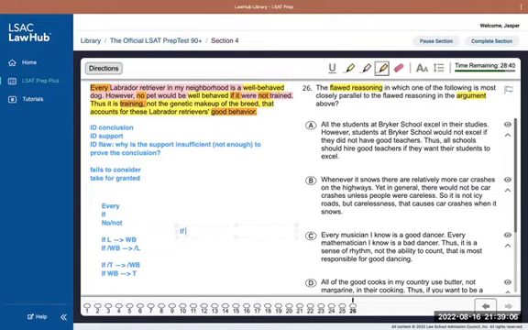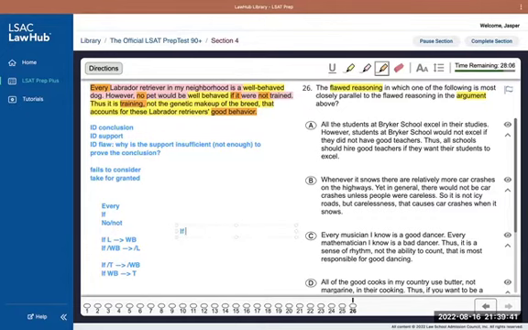Sorry, I think I mixed myself up. So it is training, not the genetic makeup of the breed, that accounts for these Labrador Retrievers' good behavior. So they're suggesting that training is not just a necessary condition for good behavior, right?